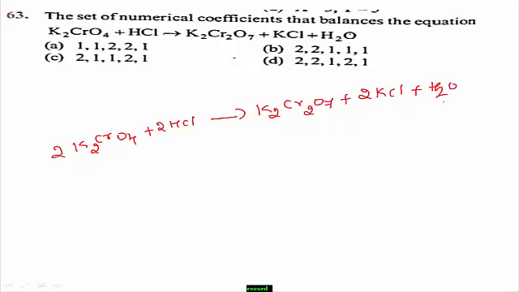When we observe this balanced reaction, the set of numerical coefficients is 2, 2, 1, 2, 1. This is the correct coefficient order, which is in the given options as 2, 2, 1, 2, 1. So option D is the right answer.